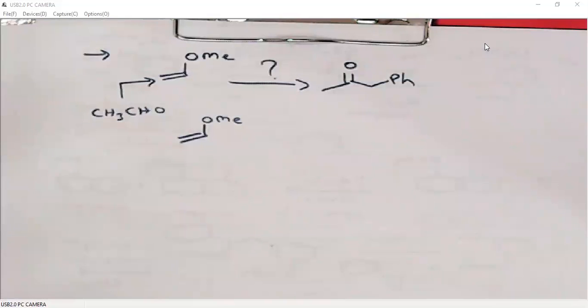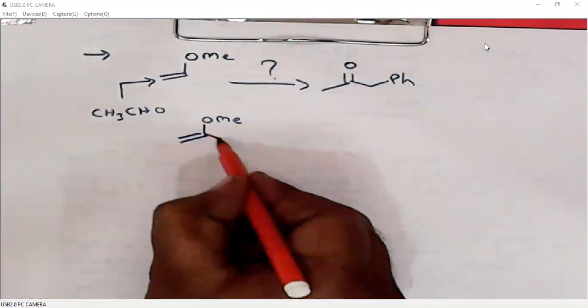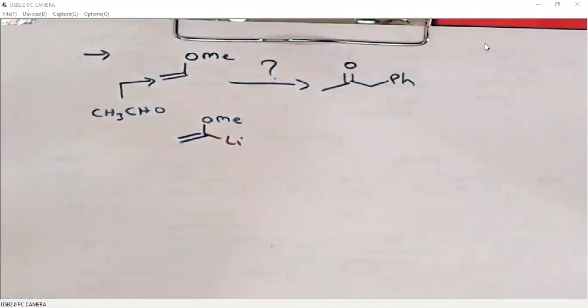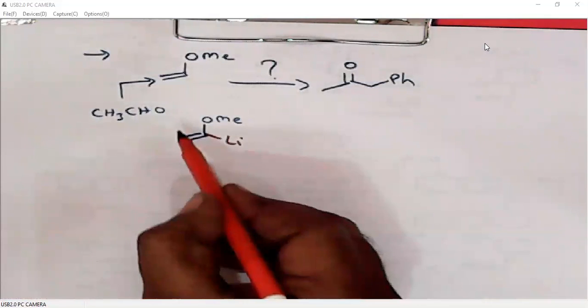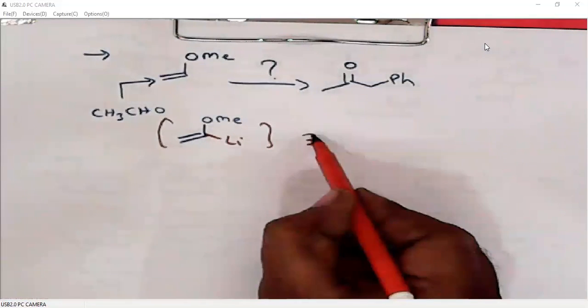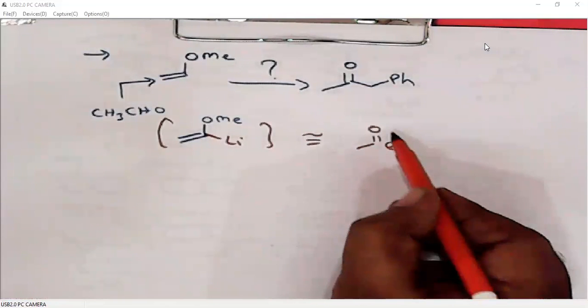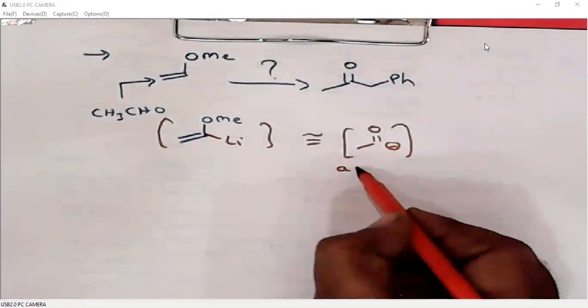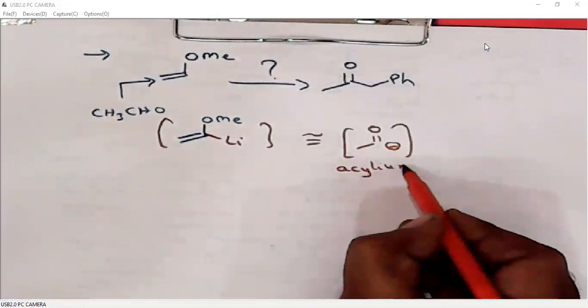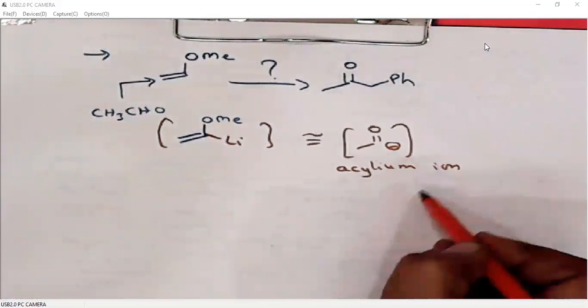It generates lithiation at this place. This molecule is equivalent to this one, acyl ion equivalent, acylium ion.